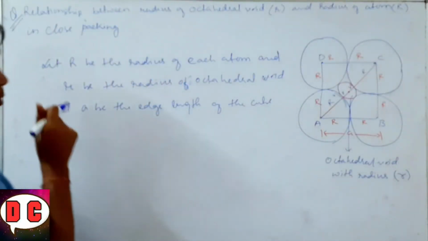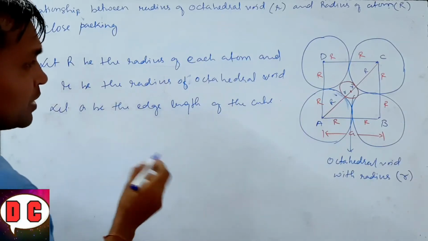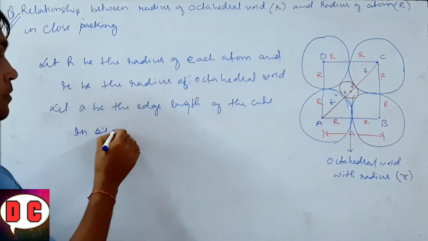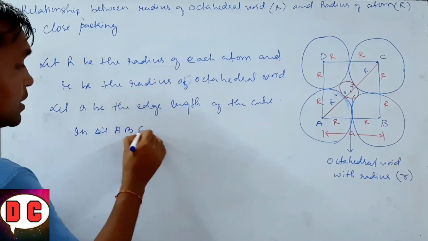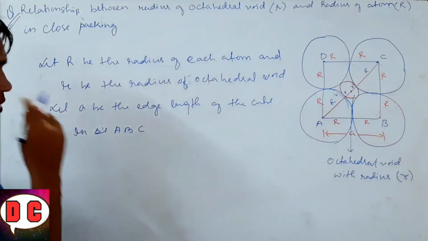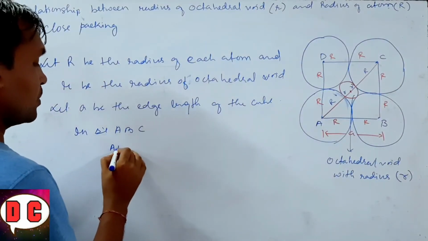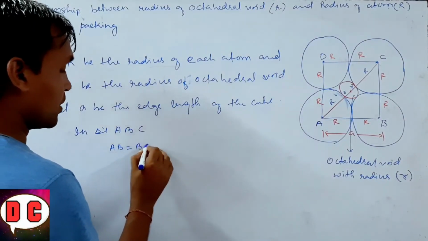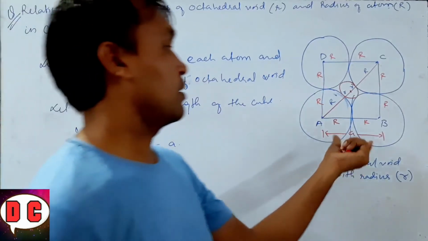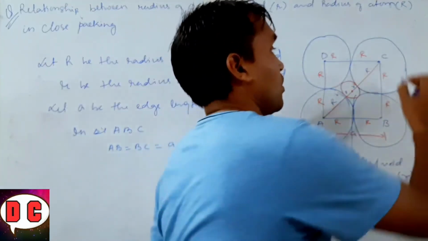Now what we are writing, we can say that in triangle ABC, AB equals BC equals a, because it is an edge of a cube, and the sides of a cube are always equal.